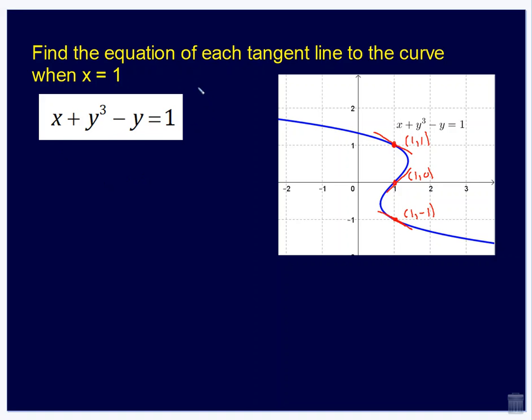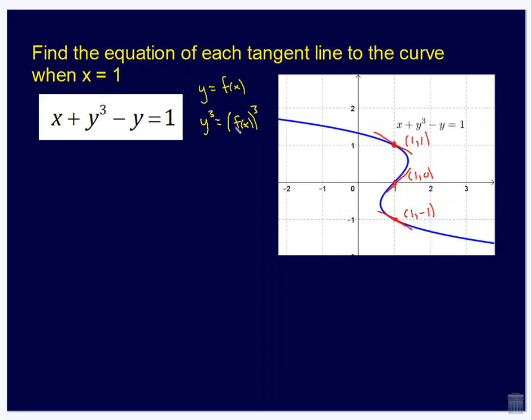The implicit part is that we assume that y is a function of x, and so anytime I'm coming to find the derivative of something like y cubed, you think of it as the function f of x cubed.